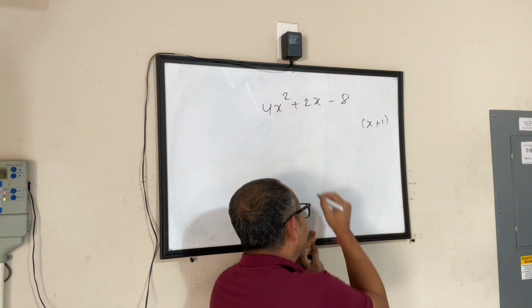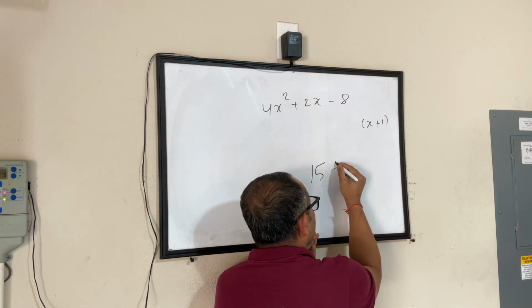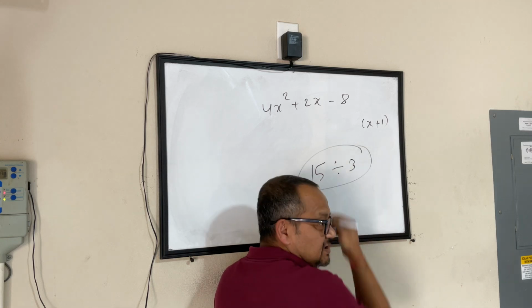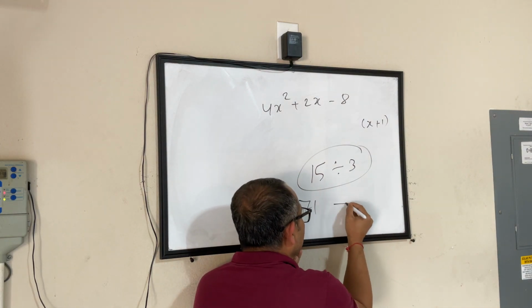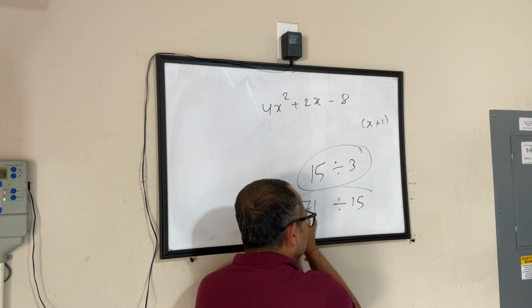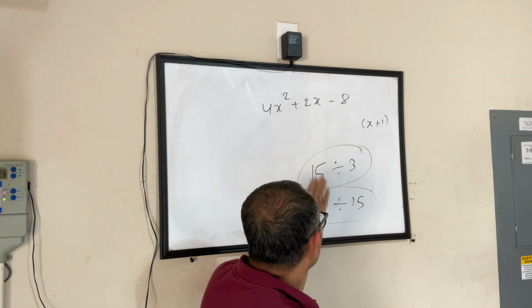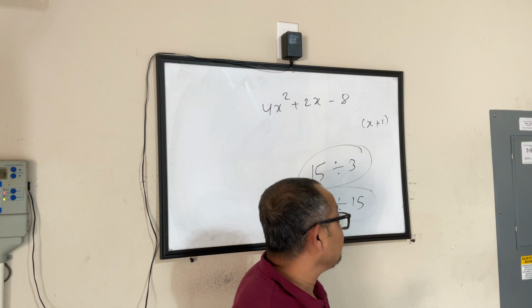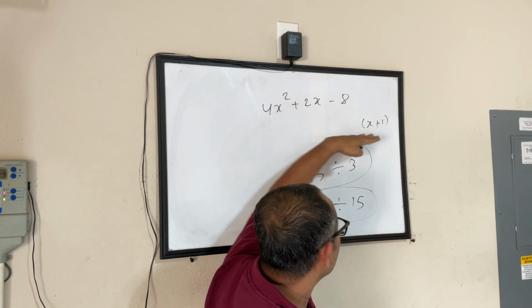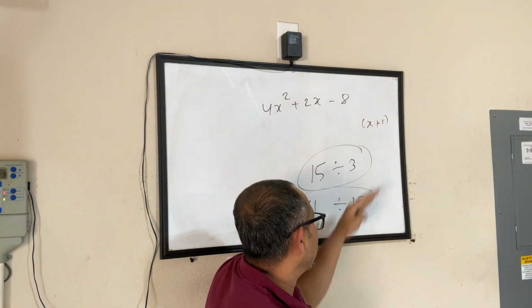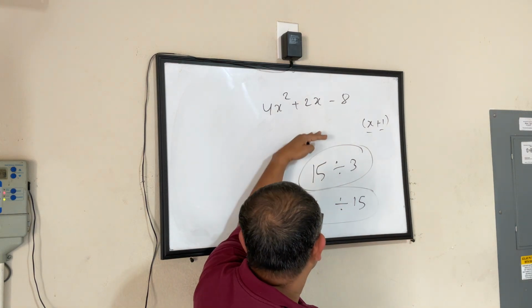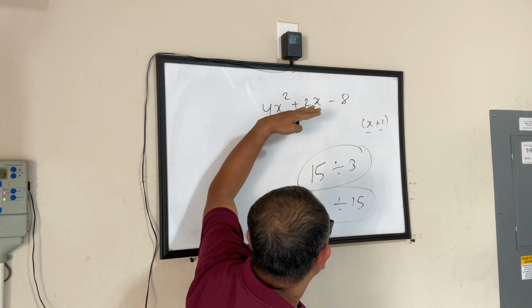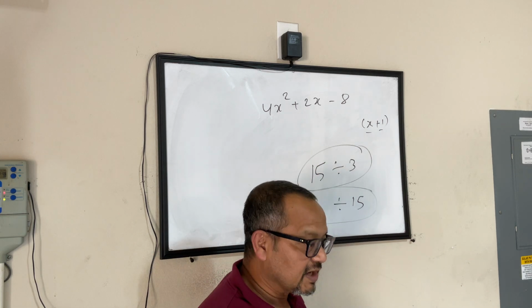Everybody knows if I ask you to divide 15 by 3, easy peasy. If I say divide 171 by 15, you will be able to give that a try too. We are going to the next level of calculation where we divide a polynomial by another expression or polynomial. This also has 2 terms, so it is also a polynomial. Can you try dividing this by this and tell me what the answer would be?